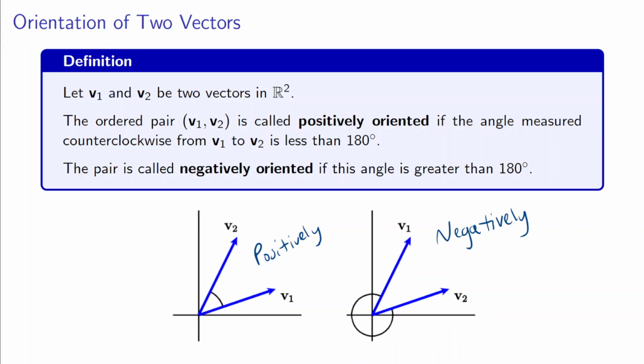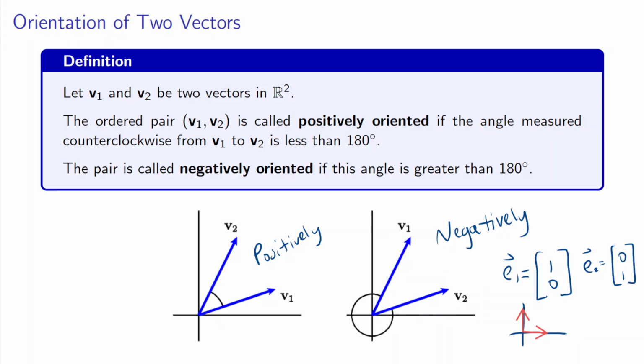Our unit square, we think of E1 as one of the sides being the vector (1, 0), and E2 being the vector (0, 1). So if we draw those out, we have E1, E2.